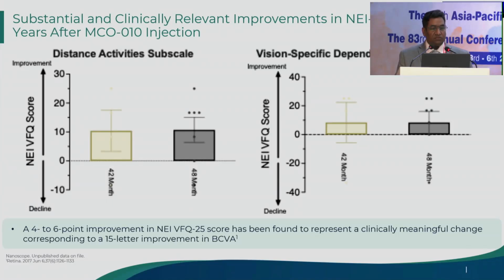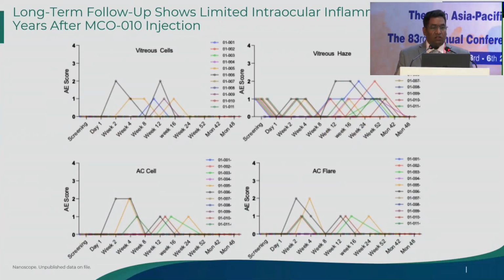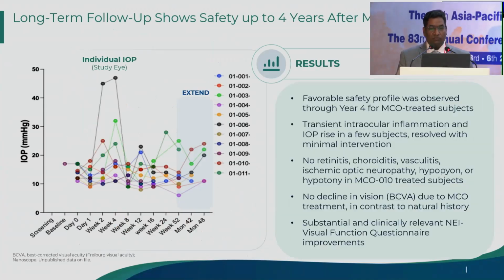And there was a substantial, clinically relevant improvement in NEI VFQ subscales, both the vision-specific dependency subscale as well as distance activities. And the long-term follow-up shows limited intraocular inflammation after 4 years of follow-up.